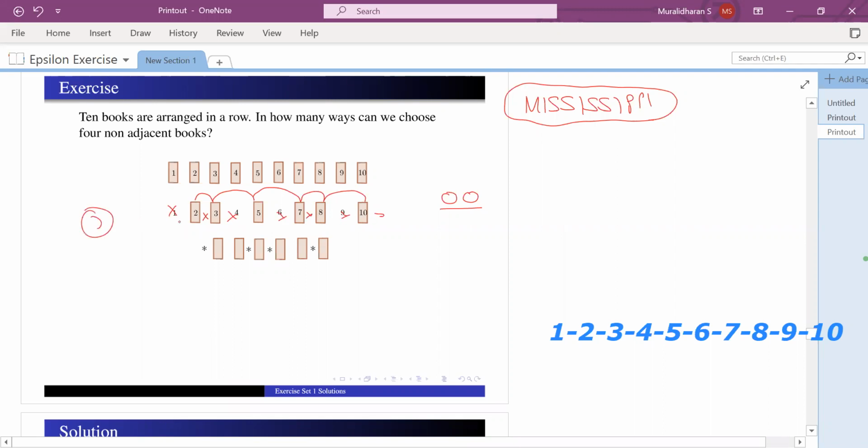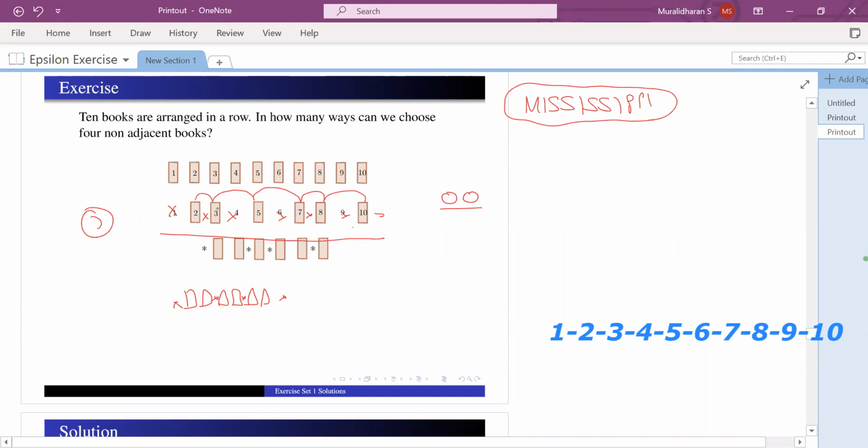There will be 7 gaps: if I have 6 books, I'll have 5 gaps in between and one before and one after. So I have these 6 books in a row, and I have to introduce gaps corresponding to the books that are removed. I could introduce them here, or here, or here, or here, these 4 places. Similarly, any 4 places among the gaps that have been chosen would recreate this gap arrangement.